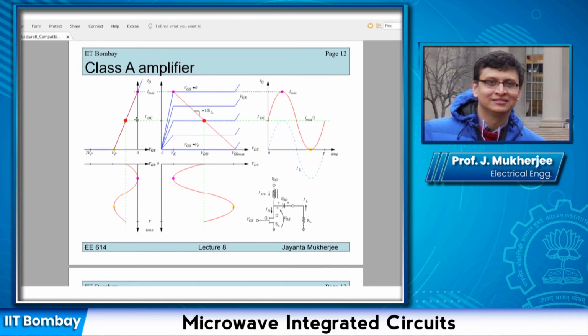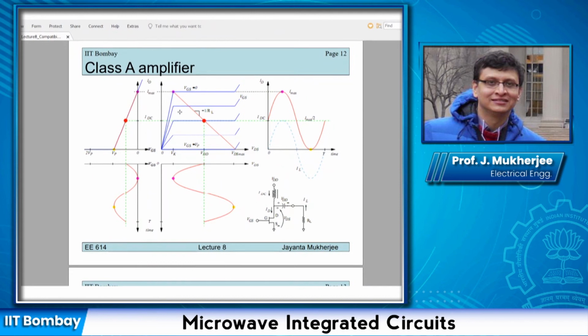Now this amplitude of the input signal covers the entire range from 0 to VP, and the corresponding current that is produced is shown here. This is the current range that will happen for the variation of this input voltage.